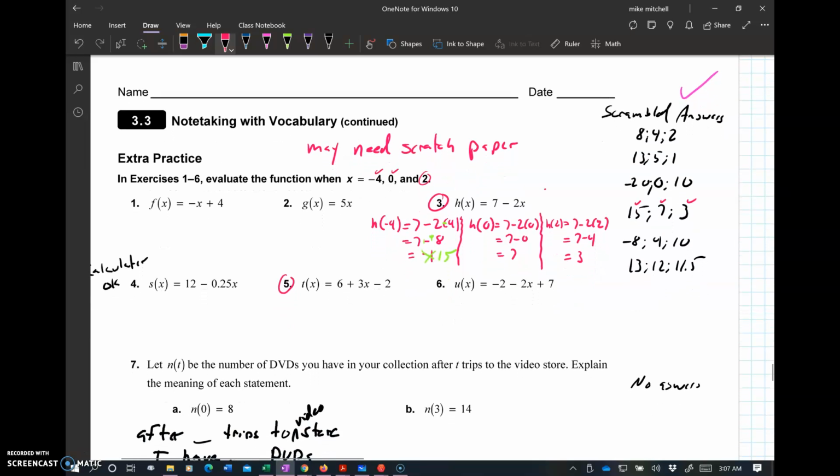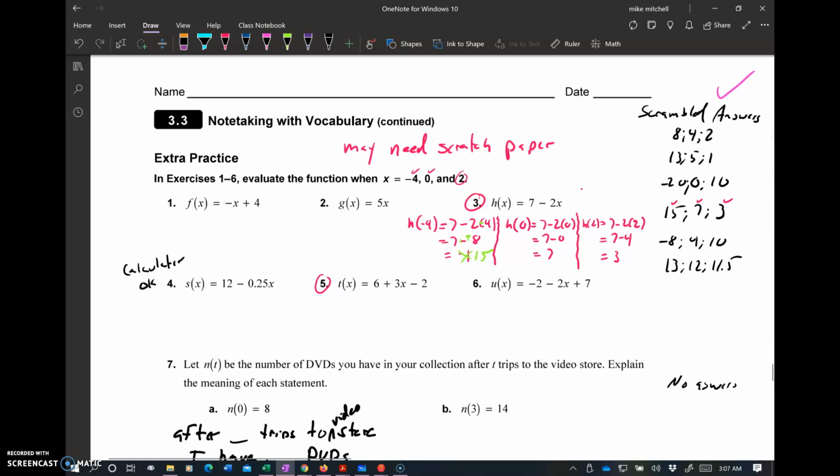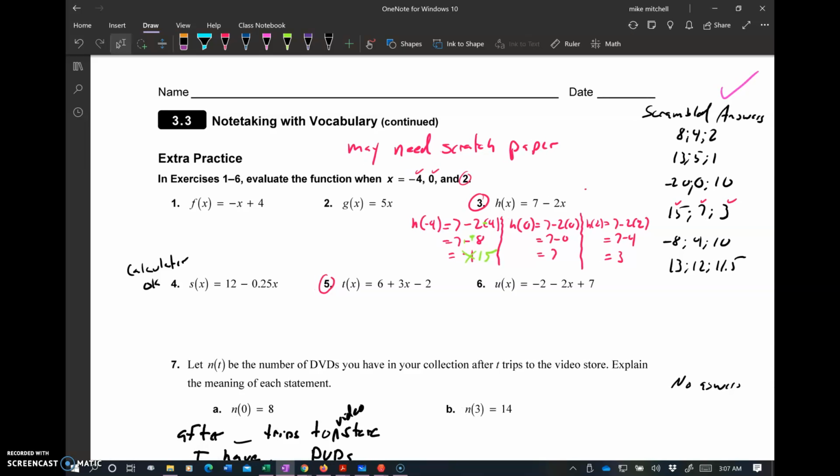Now try number 5 with me. You're going to use the same numbers for x. You can see this is a little bit bigger. It's okay to use a calculator on this one or other ones if you need it. So let's get started here.